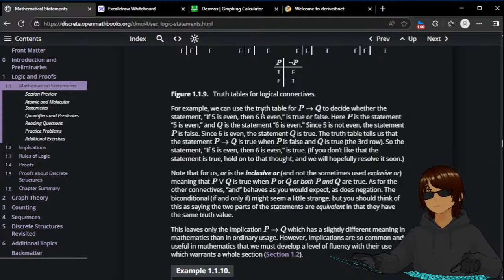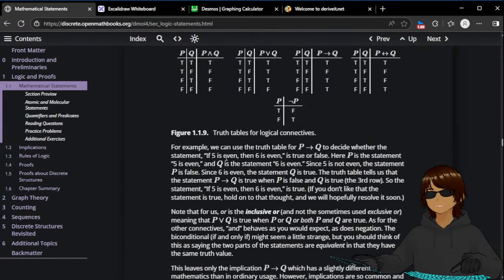For example, we can use the truth table for P implies Q to decide whether if 5 is even, then 6 is even, is true or false. Here, P is a statement, 5 is even, and Q is a statement, 6 is even. Since 5 is not even, the statement P is false. The statement Q is true.